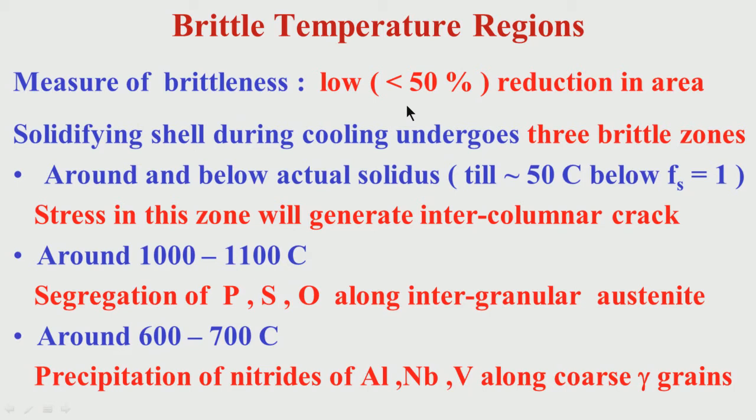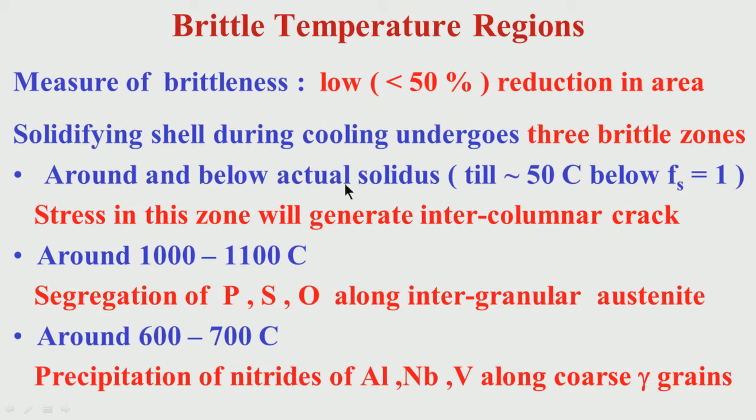Now, the solidifying shell, during solidification, goes from liquid to solid, and from solid it again cools down. So, there is a temperature loss from the liquid state till we come down to the solid and almost low temperature region. This solidifying shell during cooling is basically undergoing 3 brittle zones. I have talked about one brittle zone only. What is that brittle zone?